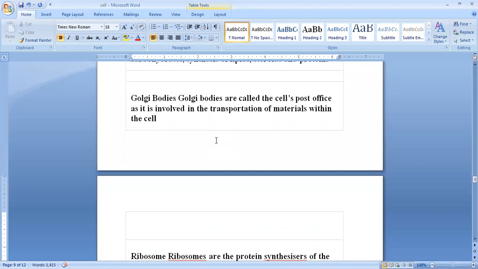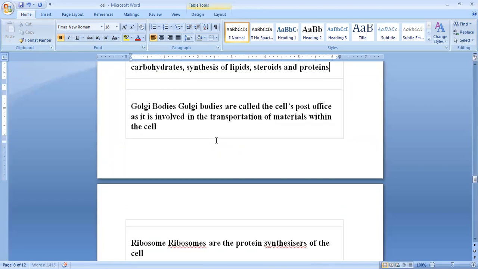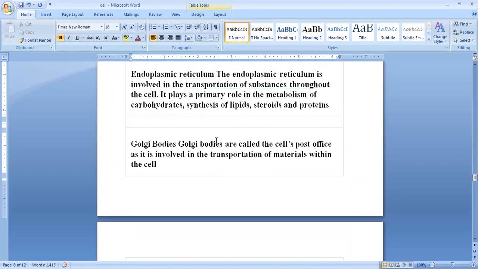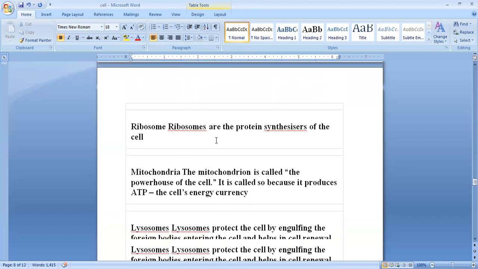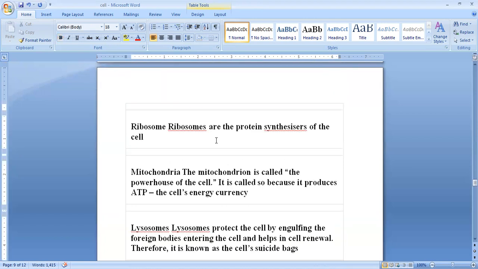The endoplasmic reticulum, this we know, plays an important role in the transportation of substances and a primary role in metabolism of carbohydrates, lipids, steroids and proteins. Golgi bodies are also there. They are also called the post office because they transport material within the cell. Ribosomes are protein synthesizers.